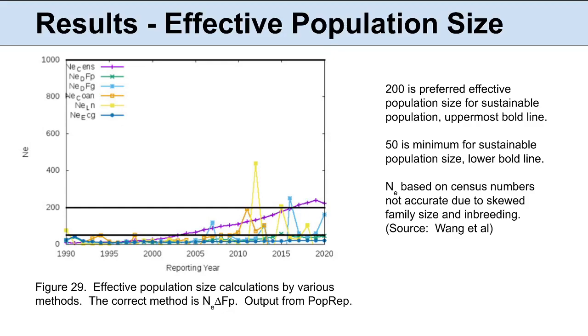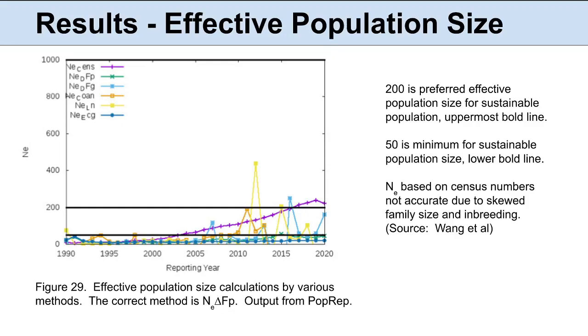And unfortunately, when we look at this particular graph, we see that there is a bold line at 200, and 200 is the preferred effective population size for sustainable populations. The next bold line under that marks the 50 minimum individuals. So it's the minimum size for a sustainable population. And this is the size that FCI would like to see before acceptance.